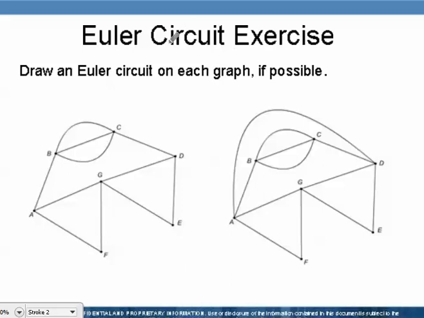Okay? A Euler circuit, on the other hand, wants to wind up at the same point that it started at. Why? Well, that same ice cream truck doesn't want to start in New Jersey and wind up in New York City.